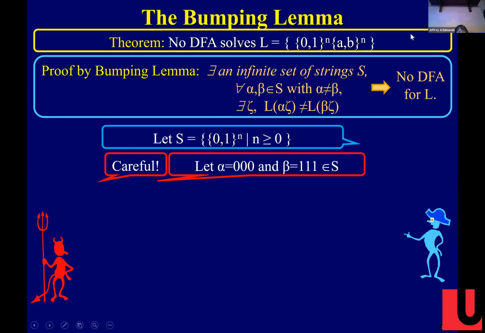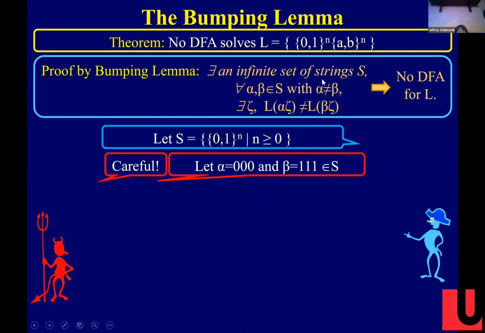No, they're not distinguished, because all we care about the first name is how long it is. I don't care whether they're zeros or ones. All I care is how many letters there are, and here the number of characters is the same.